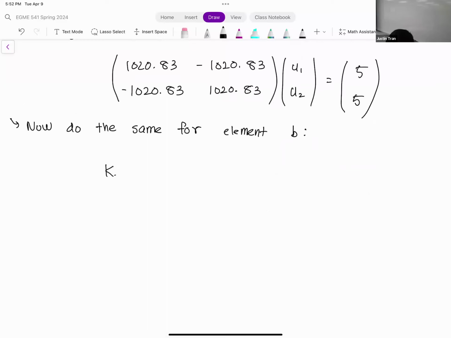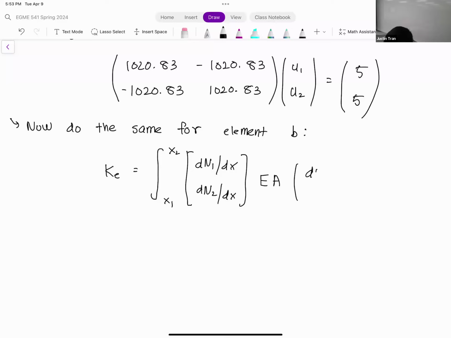So we have KE is equal to the integral from x1 to x2 of dN1/dx, dN2/dx times E times A times dN1/dx, dN2/dx, dx.